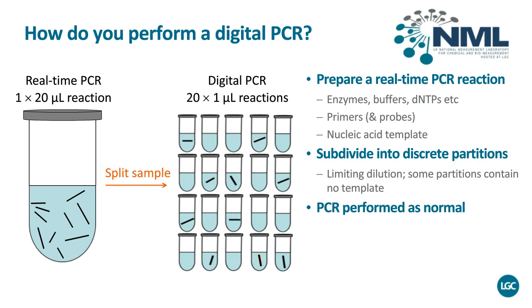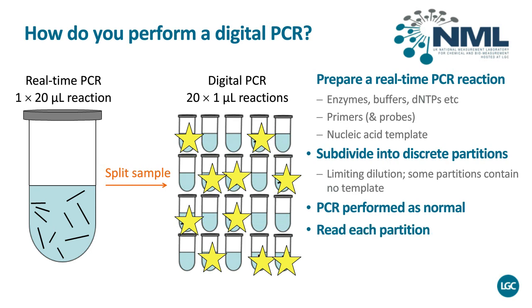You then perform your PCR as normal. So if you have a probe-based chemistry or an EvaGreen chemistry, that happens as well with digital PCR. And then following that, you get a signal, so that fluorescent signal wherever you had that molecule to begin with. And each of those partitions is then read and then assigned as being positive, where you get fluorescence, or negative, where you just have a background fluorescence.